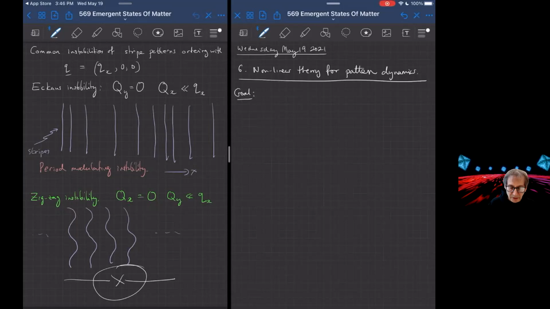So the question we want to understand is how do various patterns equilibrate and compete? And in order to understand those questions, what we need to consider is the nonlinear stabilization.